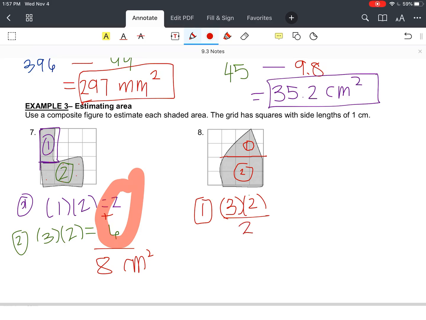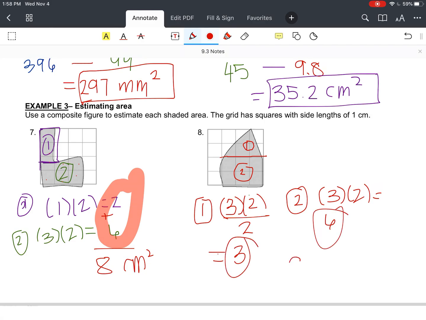So for this triangle, the base is 3, the height is 2, and remember you have to divide by 2. 3 times 2 divided by 2 is 3. So that's the area of the triangle. The area of the rectangle will be just 3 times 2, which is 6. So add 3 and 6 together, and you're going to get 9 centimeters squared.